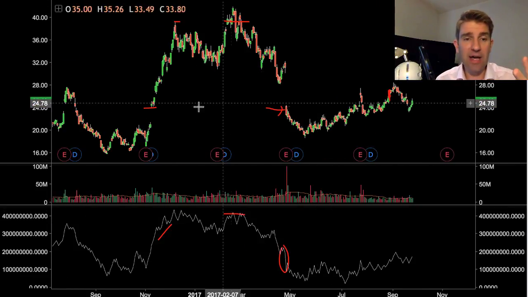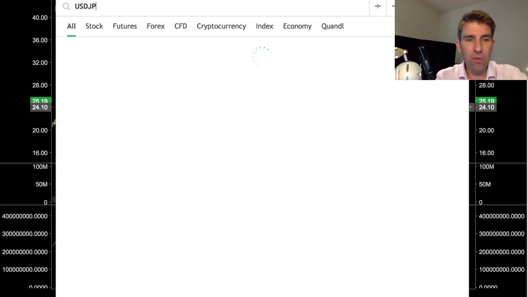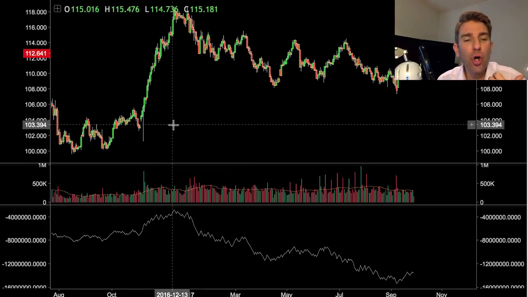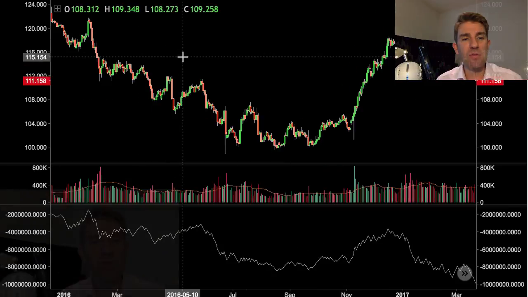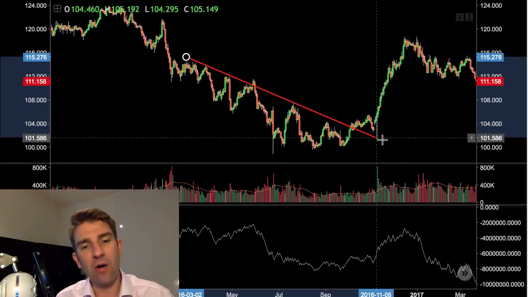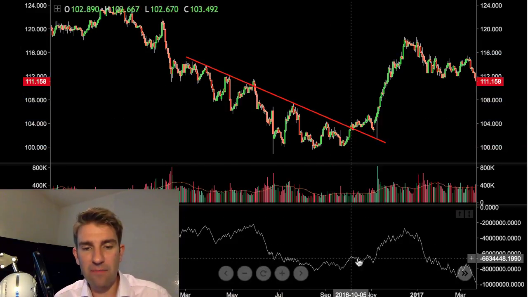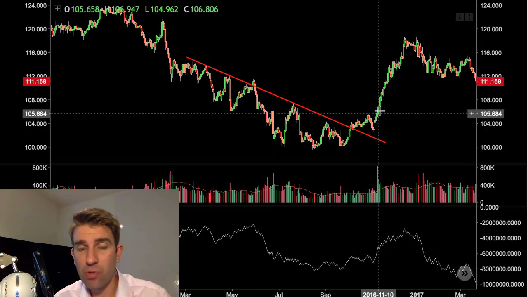Confirmation, so if you've got a breakout, and in fact, let's have a look at something like US dollar JPY. Appreciate the volume's not potentially as good as it could be when we're using currencies, but it's not too bad. But let's say we're using this here and we're saying, okay, we've broken out of here for whatever reason. Let's see, the OBV then starts to break out as well, which is showing us, okay, good, here we're starting to push up.